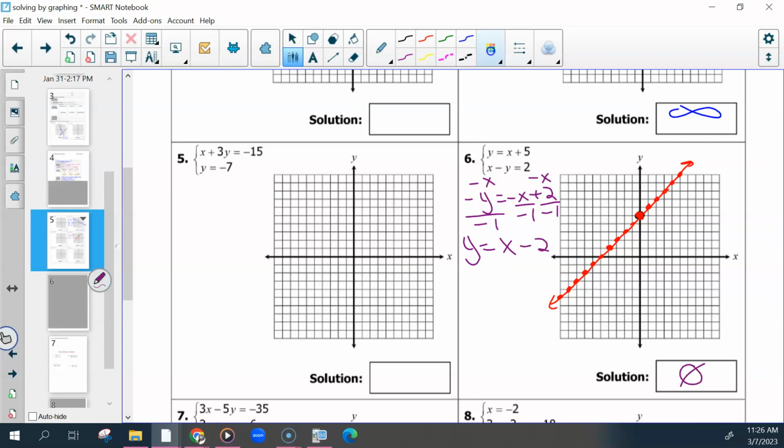So if I graph this, I'd start at -2, up 1, down 1, left 1. And I can see that these two lines will never intersect. So the solution is none.